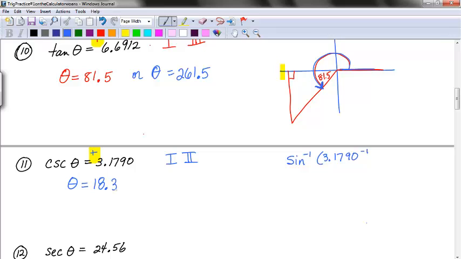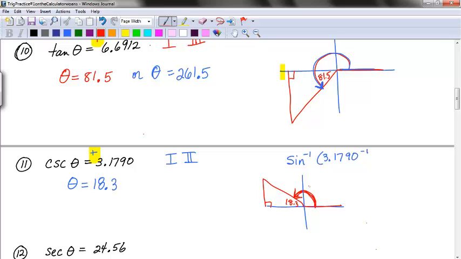Everybody okay with that one? Okay, now we're in quadrant 2. Okay, so sketch. So go over into quadrant 2. Perpendicular always comes back to the x-axis. And then this would be 18.3. Okay, so now I need to figure this angle.